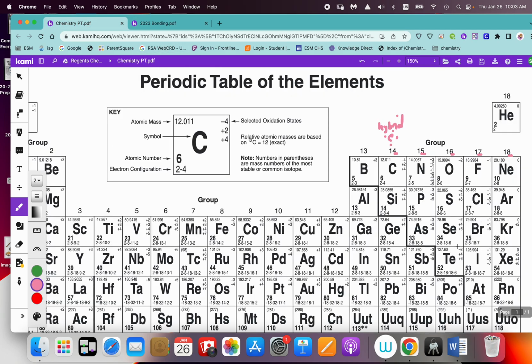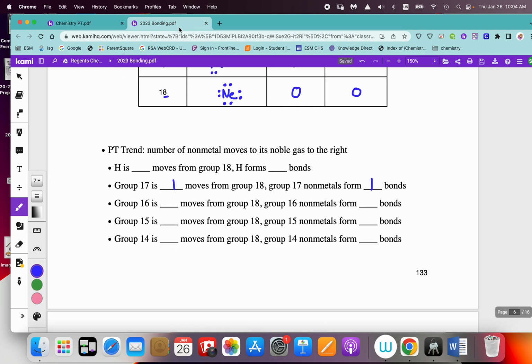Now we have group 16, like oxygen and sulfur. To get to group 18: 1, 2. So oxygen and sulfur and other group 16 nonmetals are 2 moves from group 18. So a group 16 nonmetal needs to form 2 bonds.